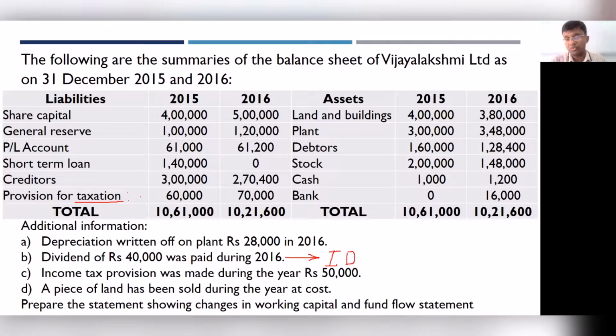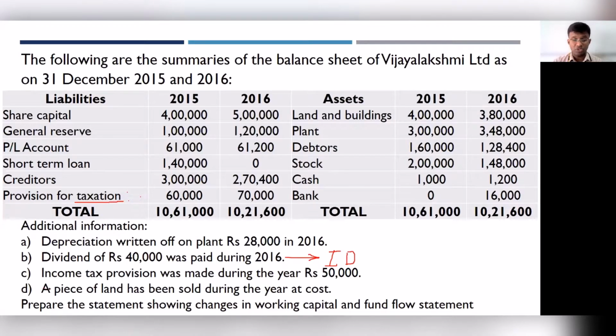So technically, in 2016 your closing balance should have been 60,000 plus 50,000, which is 1,10,000. But it is not 1,10,000. Instead, it is 70,000, which means here as well, there is some transaction that has taken place which you're not quite familiar with, and that needs investigating. So for provision for taxation also, you have to prepare a ledger account.